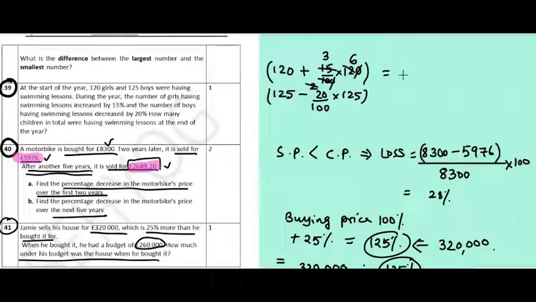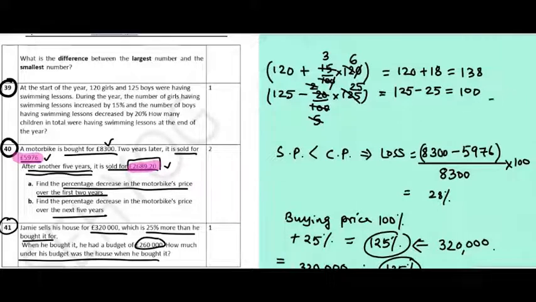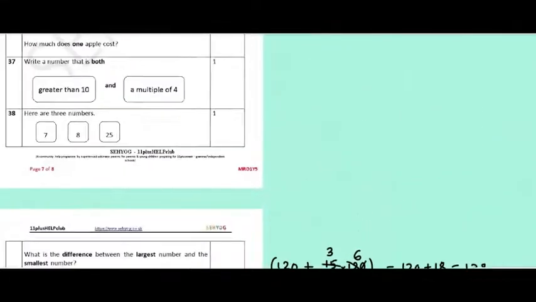So 120 plus 18, and from here 25 is 100, 125 minus 25, so that is 100 more. So what is the total number of students that we are getting? 238. Let's move on to the next sum.